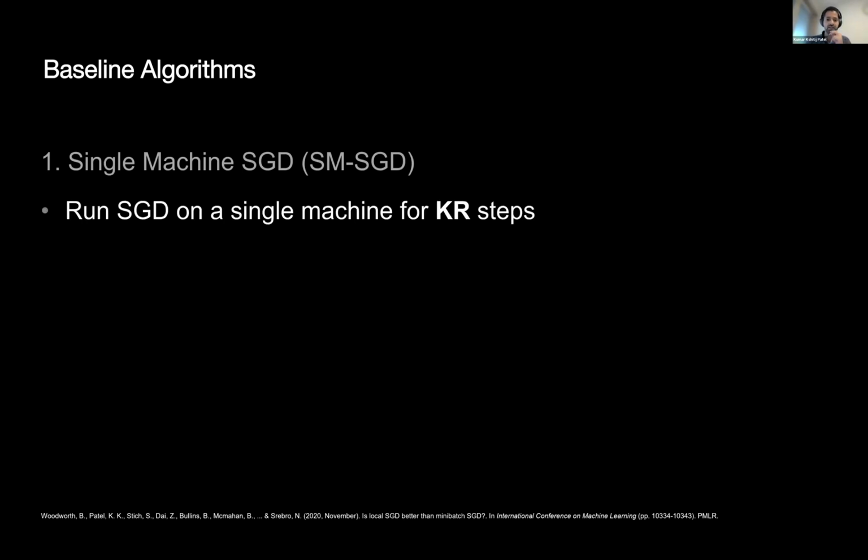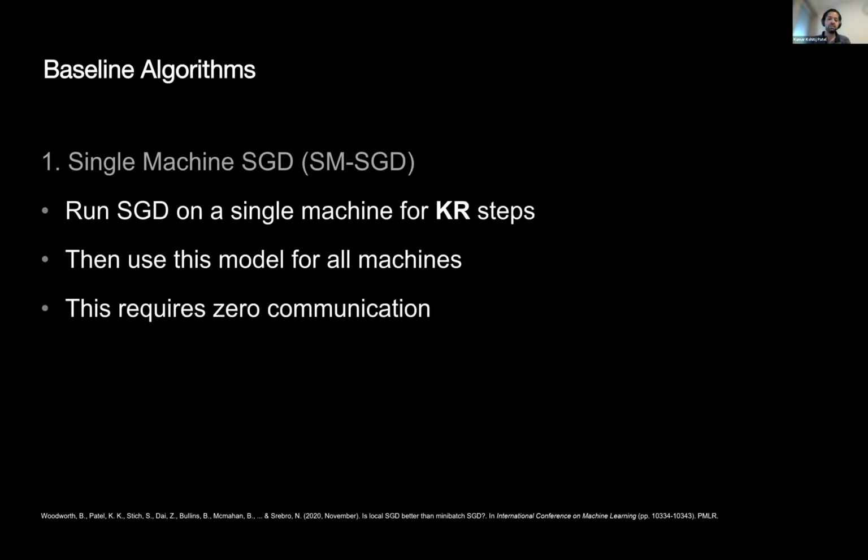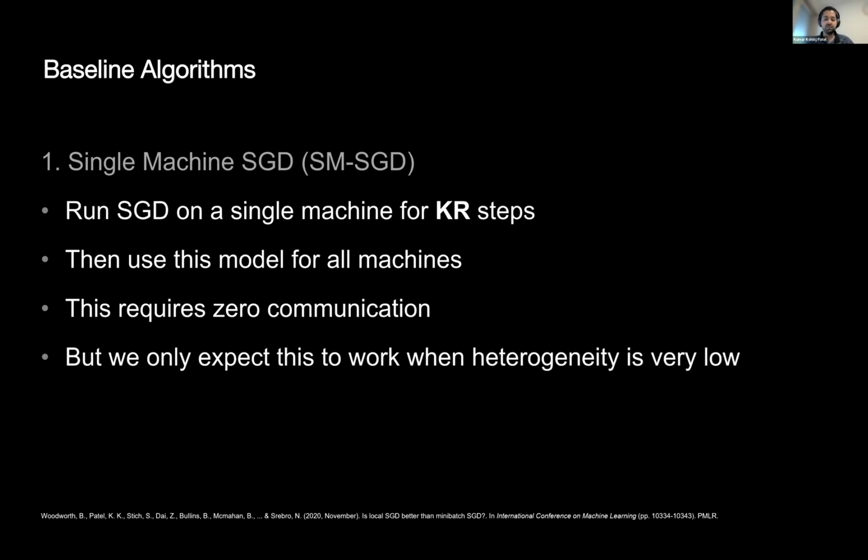The first extreme baseline algorithm is single machine SGD. It's a very simple algorithm. You just run SGD on a single machine for K times R steps, and then use this model for all machines. This requires zero communication because the single machine you're working with does not even need to know that other machines exist. But we only expect this to work when the heterogeneity is very low, in particular when the distributions across the clients are very similar looking.